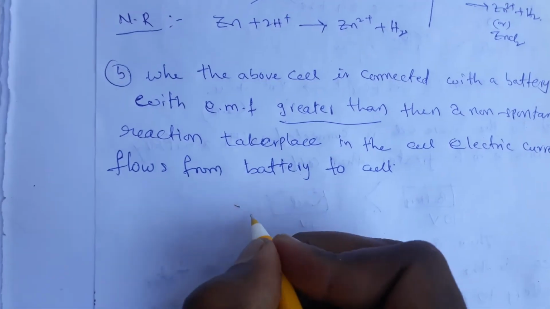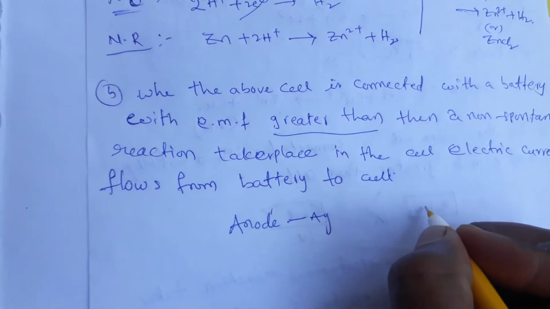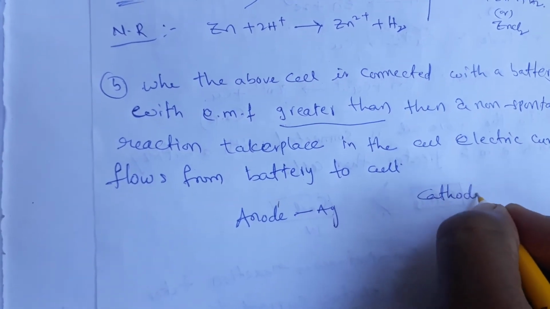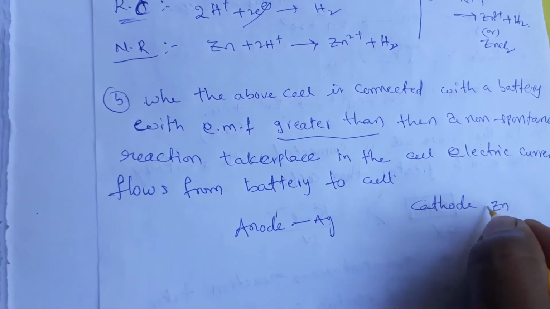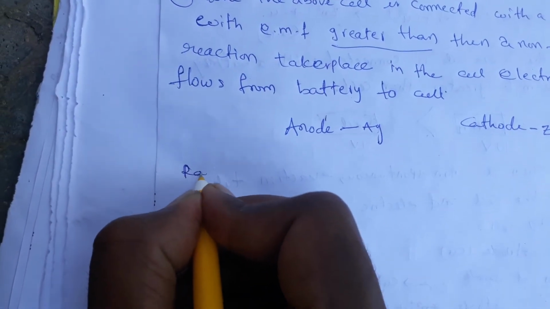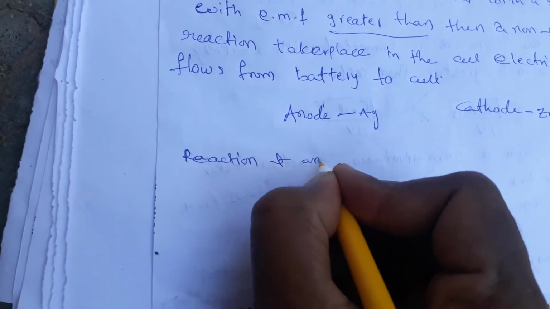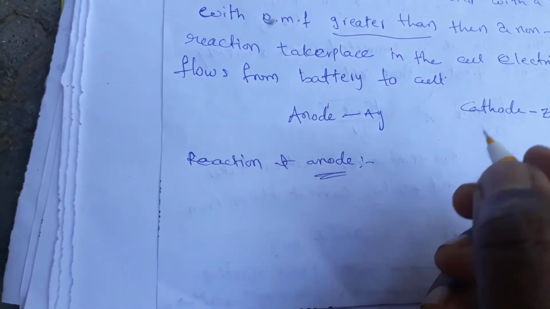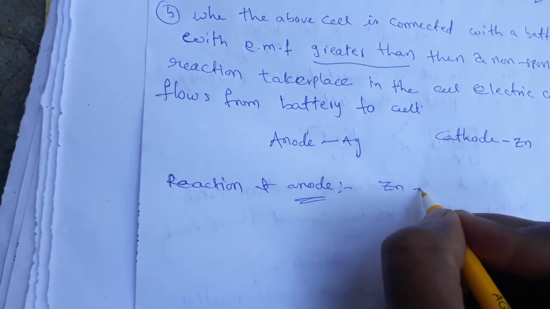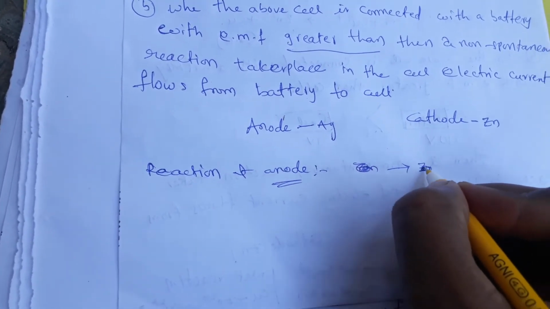So what is the anode here? Anode is silver and cathode is zinc. So here, the reaction at anode: oxidation will take place at the anode.